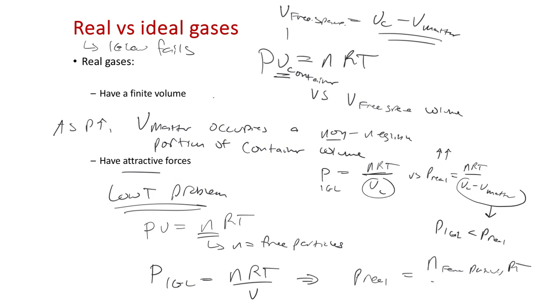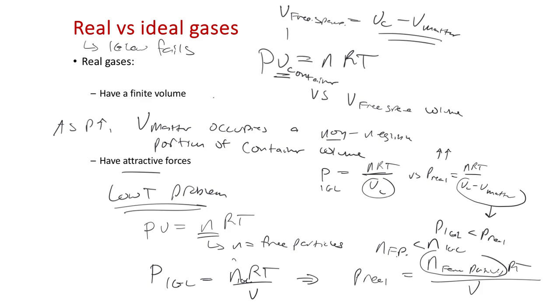So if I find a way to fix n, let's call it n free particles, that has to be lower than the moles from my ideal gas law, n ideal gas law. So you have 10 moles, but if some of them are sticking together, the number of real free particles is lower than the n calculated from the ideal gas law.